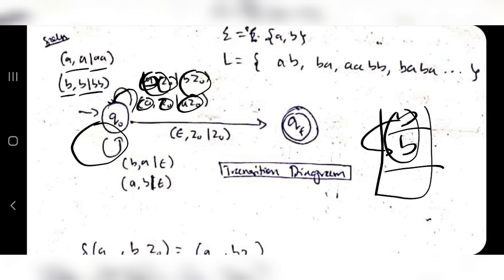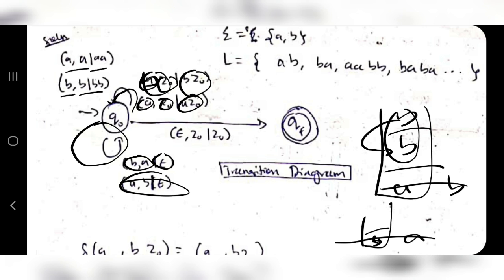B will not pop B, B will pop A. So if B comma A is there, pop it. If A is on the top of the stack and B came, pop it. In the other case, if B is on the top of the stack and A came, pop it. In this way, when we reach the end, it will be epsilon and we will reach the final state. Writing the transition function is the same as I discussed earlier.